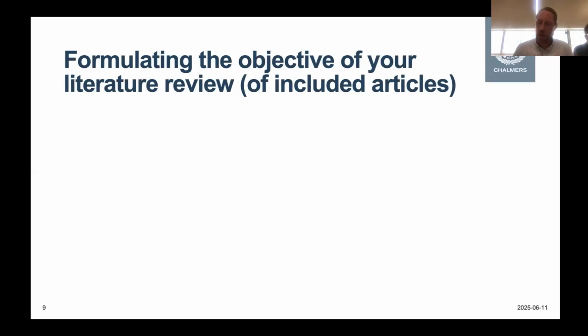So now we kind of have this general idea of what types of reviews there are and when you would use one before the others, we can move to the next step, which is to formulate the objective of your literature review, which helps you to guide your review and maybe also your research question.